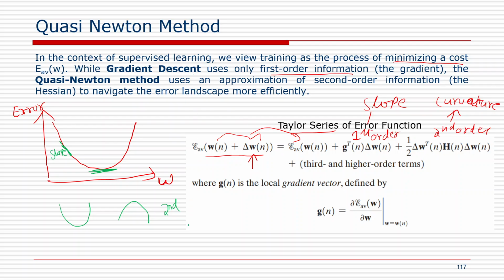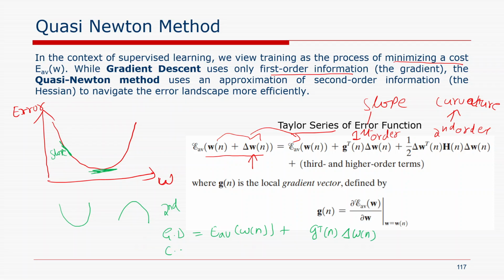What we are trying to understand here is that the gradient descent algorithms will use E(W(n+1)) = E(W(n)) + g^T(n) ΔW(n).